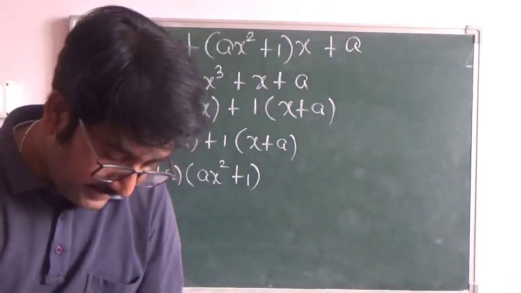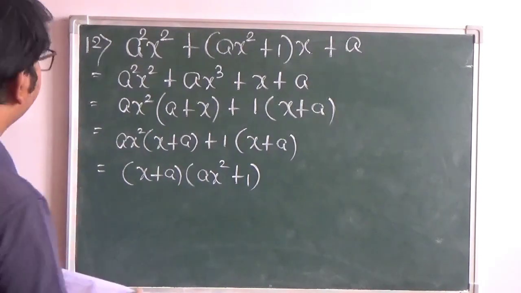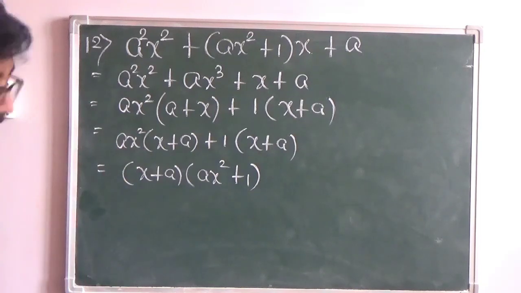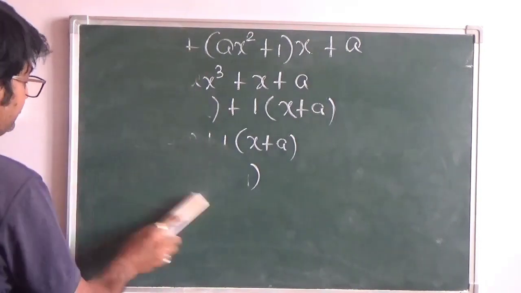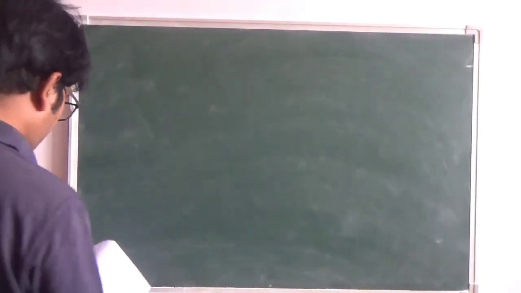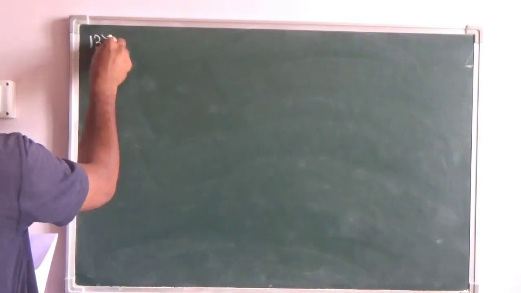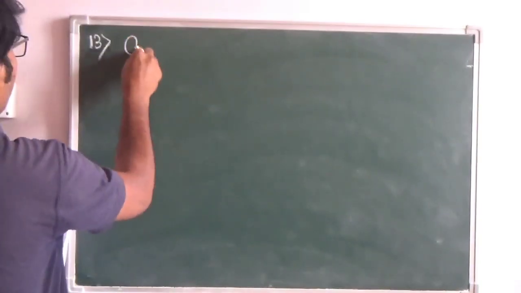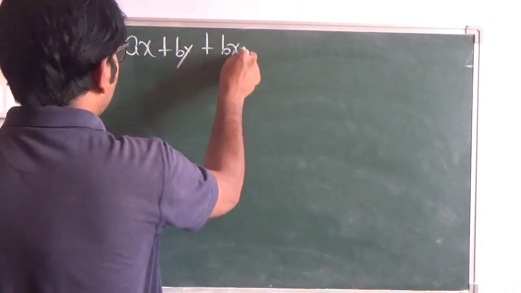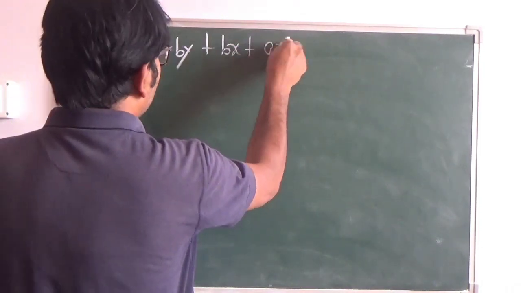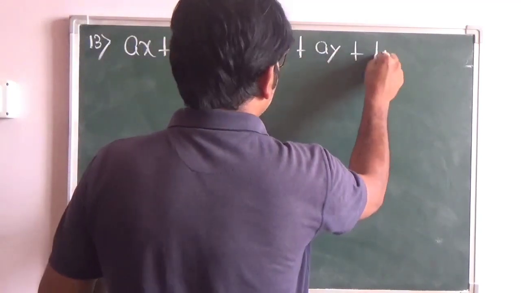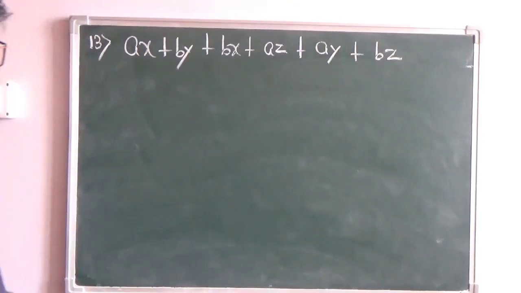So now move on to the next question, that is question number 13. Question number 13 is ax plus by plus bx plus az plus ay plus bz.